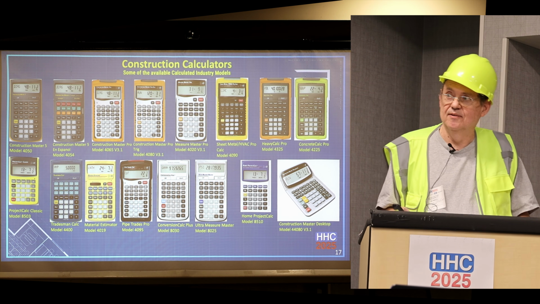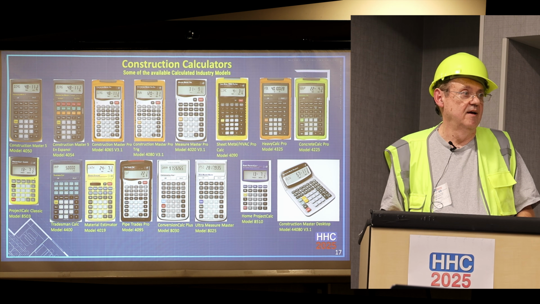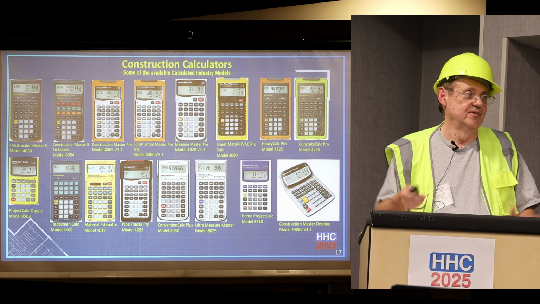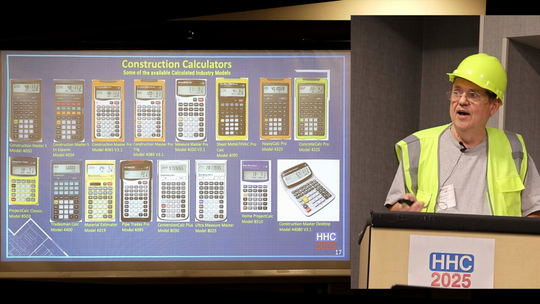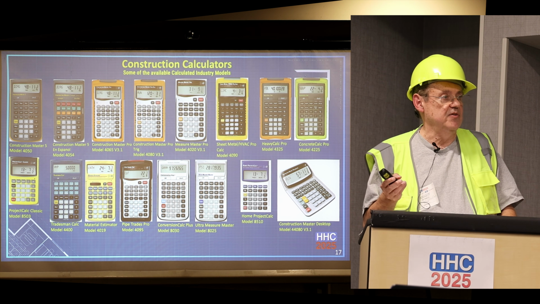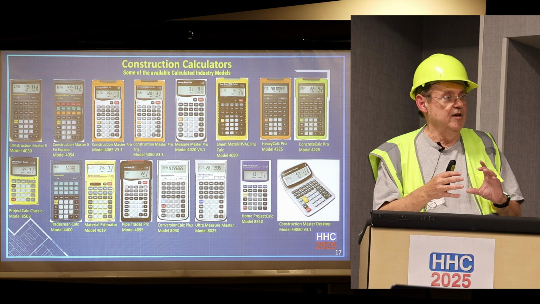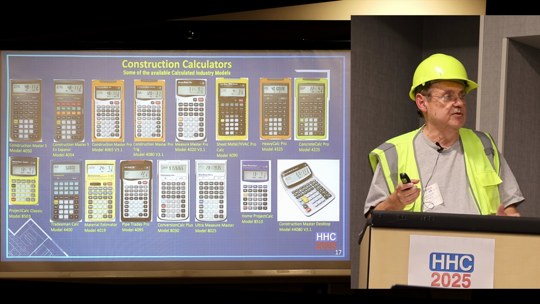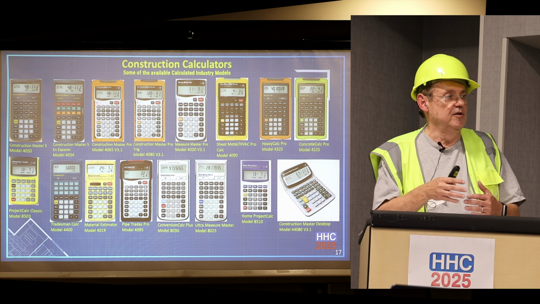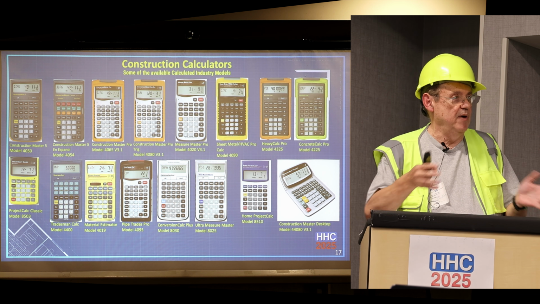That one that says Measure Master, does that have some kind of measuring device, ultrasonic or laser or whatever built in? No, but it's got other features beyond what a construction calculator does. And they've got things that do pipe measurements and volume calculations, and they've got materials management, so you can use the measurements that you have to estimate how much lumber to buy and that kind of stuff.